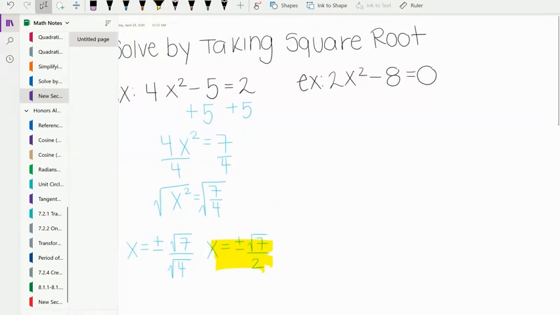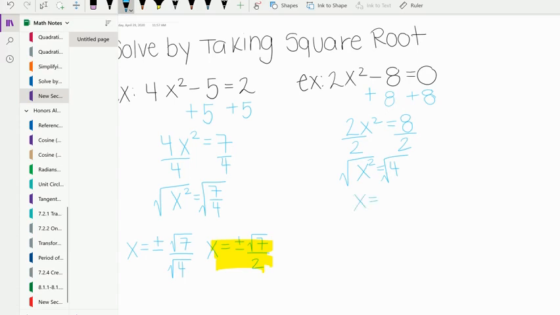All right, looking at the next one. So we are going to add 8 to both sides. And we get 2x squared equals 8. And then to isolate that x, we want to undo the multiplication of 2 by dividing. So we get x squared equals 4. And that last step is to square root both sides to undo something being squared.